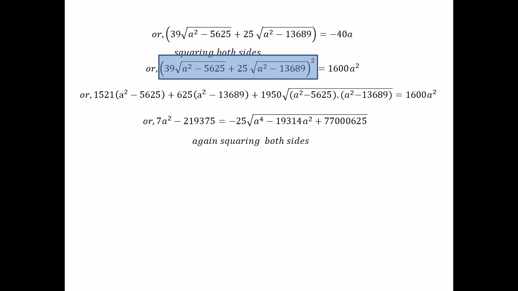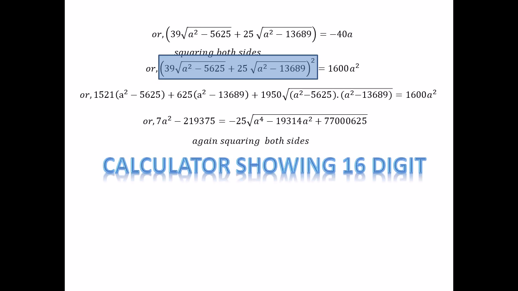Again squaring both sides, but here we require a calculator which displays 16 digits. Using a normal calculator we cannot find the value here, because when squaring both sides, you will have to find the square of 219,375, and its square would become an 11 digit number.